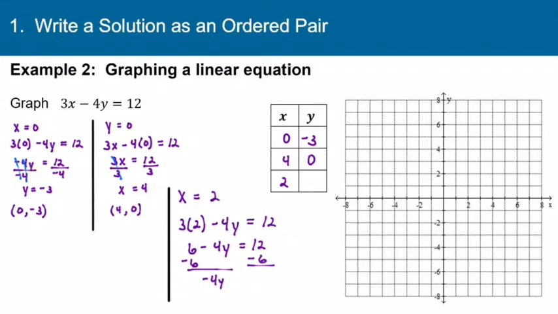That will give us negative 4y equals 12 minus 6, which is 6. Now divide both sides by negative 4, and we'll have y equals 6 divided by negative 4. Now, this won't make a whole number, but it will reduce. Positive divided by negative is negative, and 6 and 4 can both be divided by 2. So we end up with y equals negative 3 over 2.